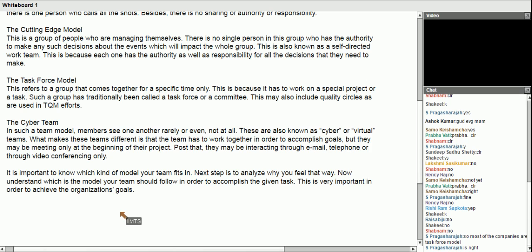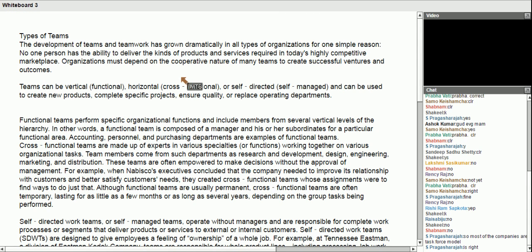Okay, so I'm just going to share one link with you. And then we are going to learn about more other types of teams. Yeah. No, see, it depends. It depends from company to company.